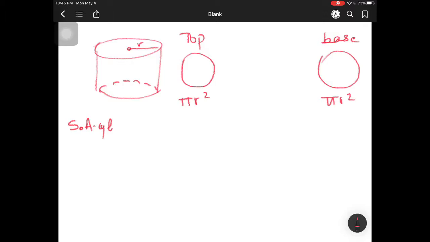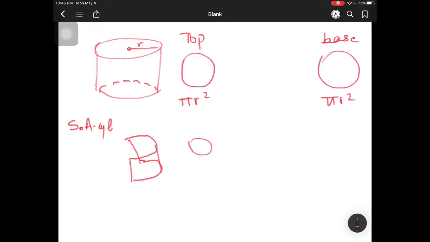So if we think about the remaining surface, what is this remaining surface? It's this circular face, if you want to call it. Now if you open it, what would it look like?